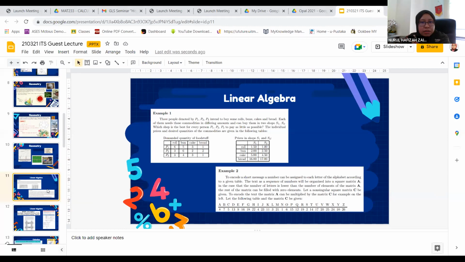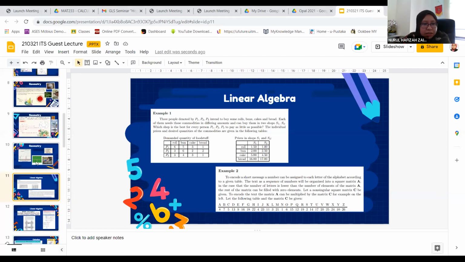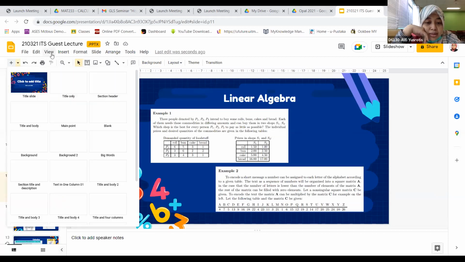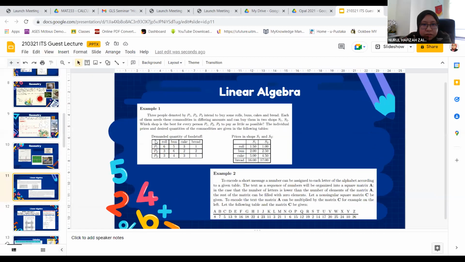In this seminar, I talk about the application in geometry, in linear algebra. I think it's big enough to see, right? Can you see my screen? Yeah. But I need to zoom, I think.